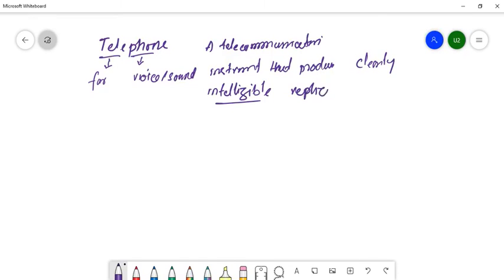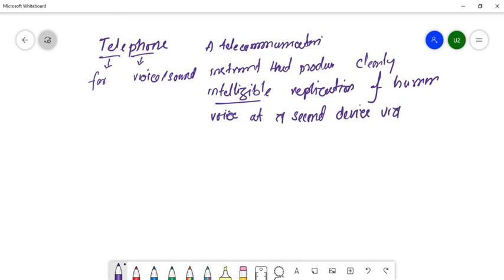replication, replication meaning copy, replication of the human voice, human voice, to a second device via cables.